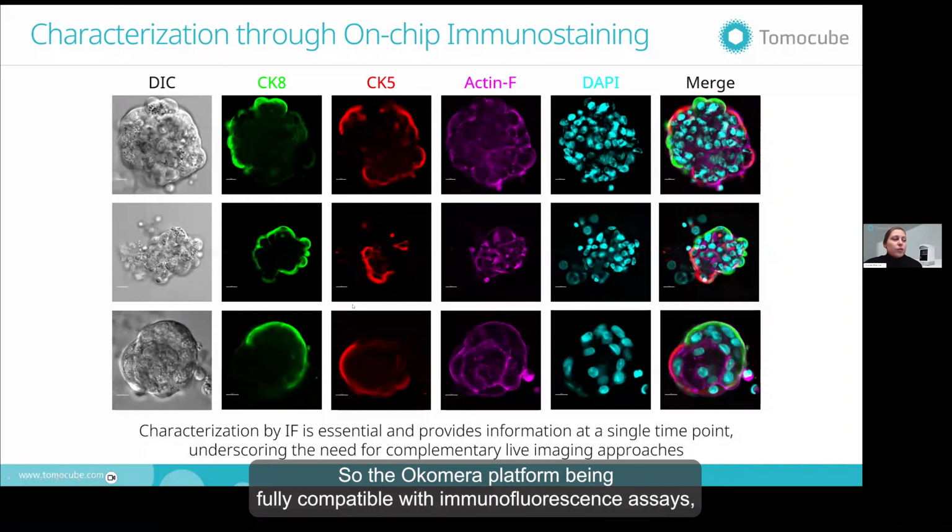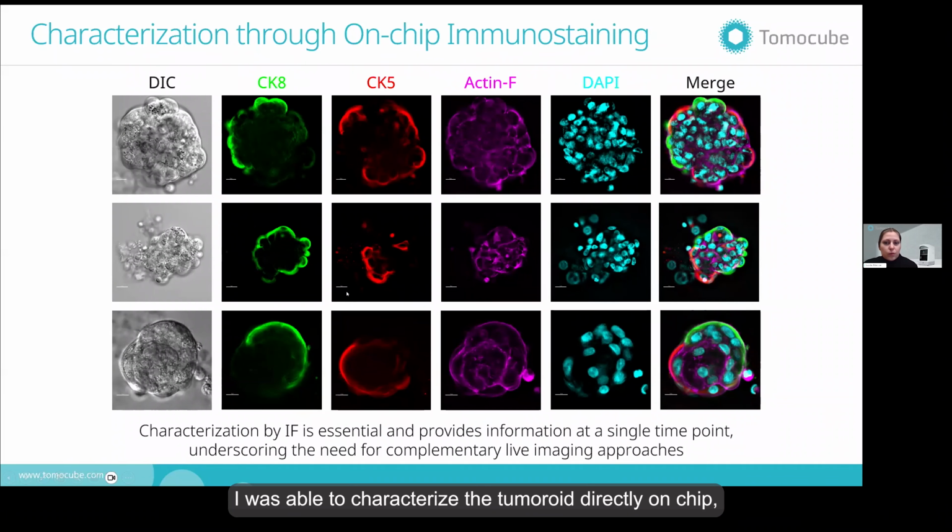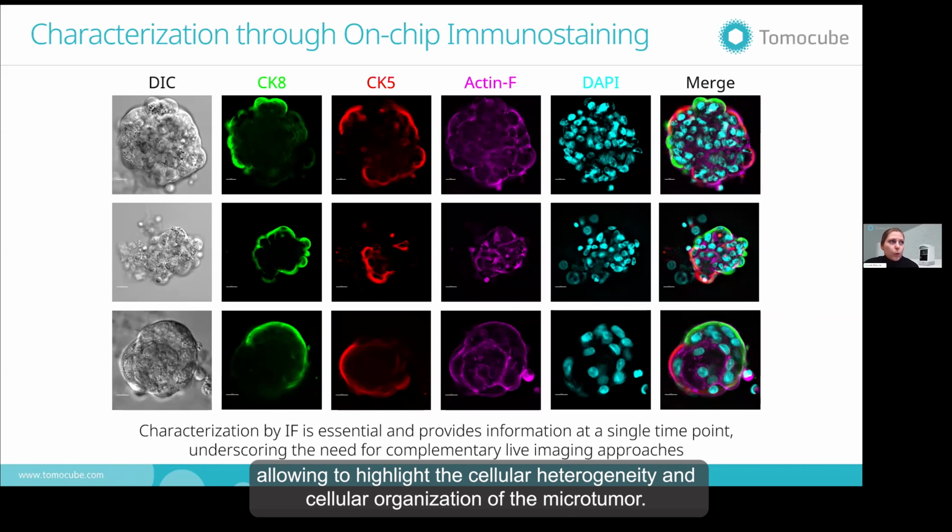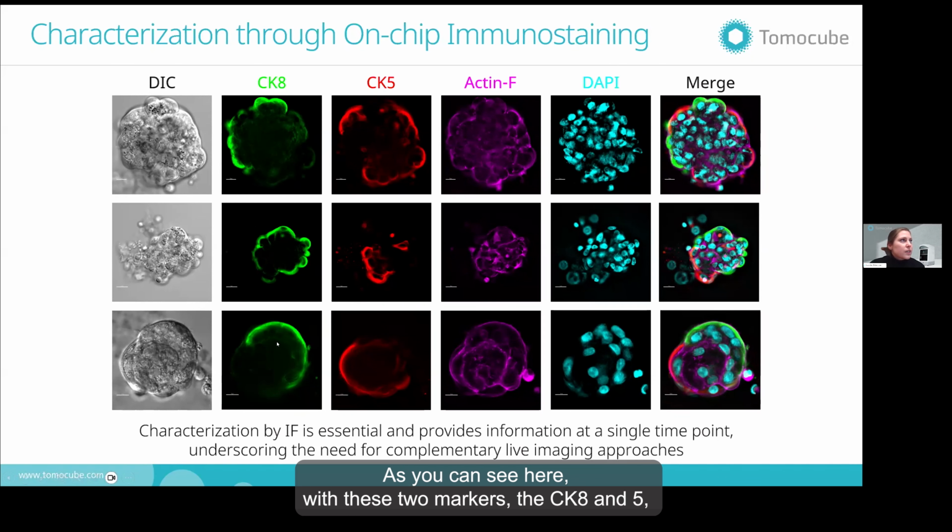The Okomera platform being fully compatible with immunofluorescence assays, I was able to characterize the tumoroids directly on chip, allowing us to highlight the cellular heterogeneity and structural organization of the microtumor. As you can see here with these 2 markers, cytokeratin 8 and 5, we are able to detect the different subpopulations of cancer cells.